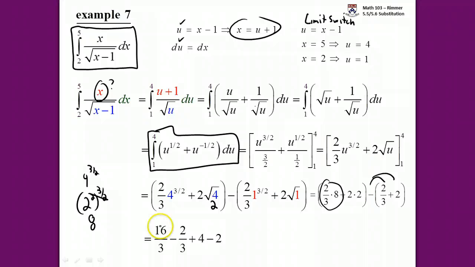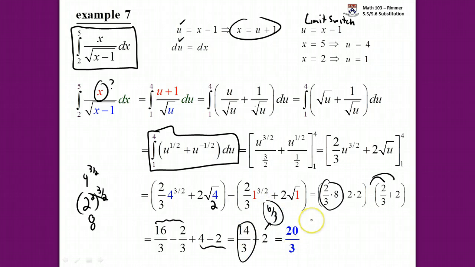Let's go ahead and put these two together and call it 14 over 3. Put these two together and call it 2, and now we're almost done. Rename 2 to be 6/3 together with the 14/3, and you get your 20/3 as your answer. 6/3 and the 14/3 make your 20/3.